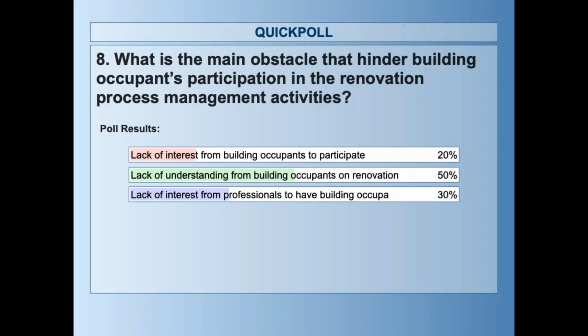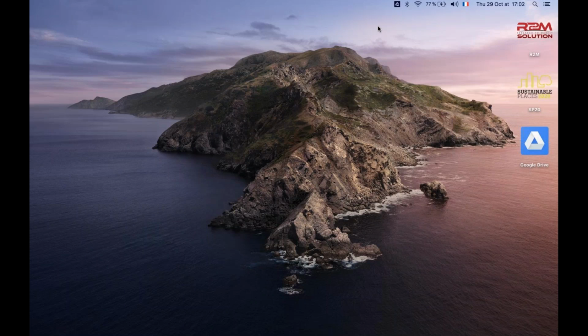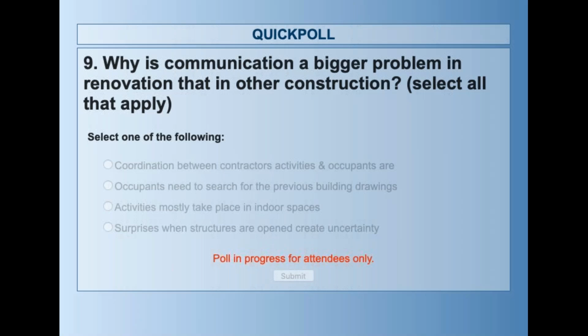Okay, great. I guess I will move to the next one. So, why is communication a bigger problem in renovation than in other constructions? Select one of the following: coordination between contractors' activities and occupants. I'm sorry, I guess we don't have the full answer, but I will read it to you.